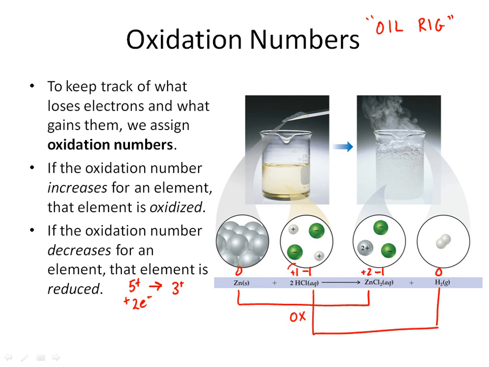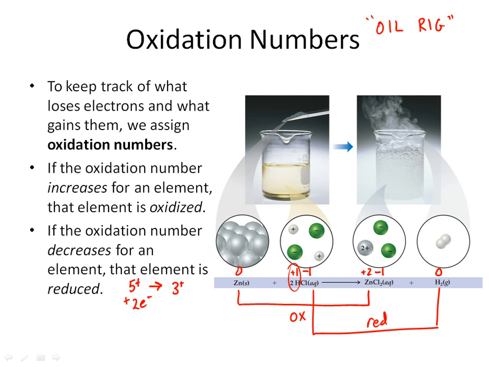The hydrogen started out as a +1 oxidation state, but became a 0 oxidation state. That is reduction. We're going to be calling these later in this chapter half reactions. So we have the oxidation half reaction where zinc lost its 2 electrons, and we have the reduction half reaction where the hydrogen ion, the proton, gained electrons so that it could become hydrogen again.